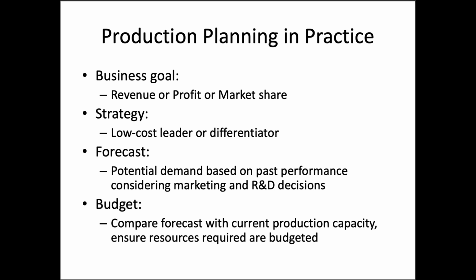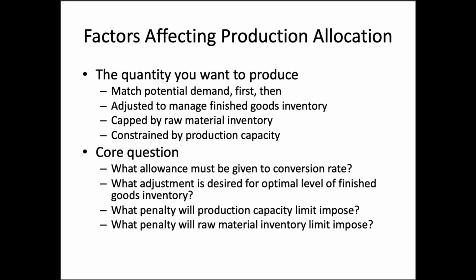Compare forecasts with current production capacity. Ensure resources required are budgeted. In each round of the business simulation game, the quantity you want to produce should ideally match the potential demand you forecast, first leaving the finished goods inventory as a buffer to cover an unexpectedly high demand.